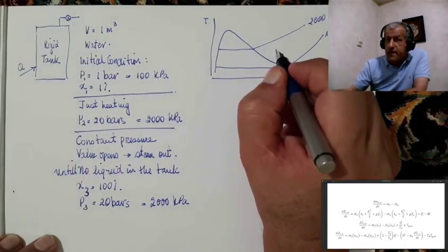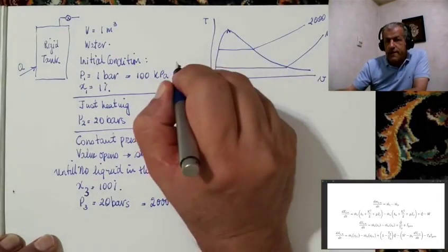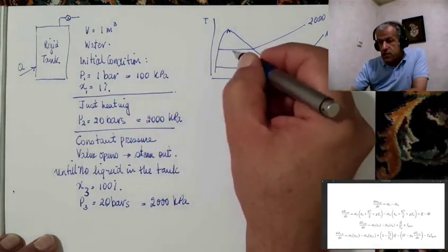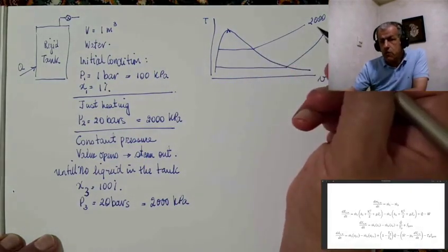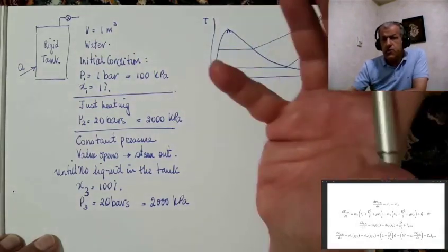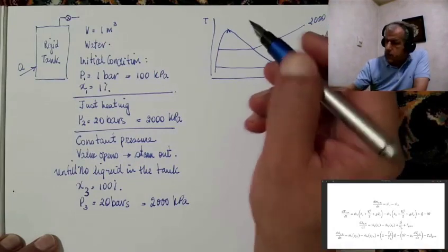It always pays to know what the values are at the critical point so that we know if our pressures or temperatures are above or lower than critical. What position do we have as compared to the critical point?